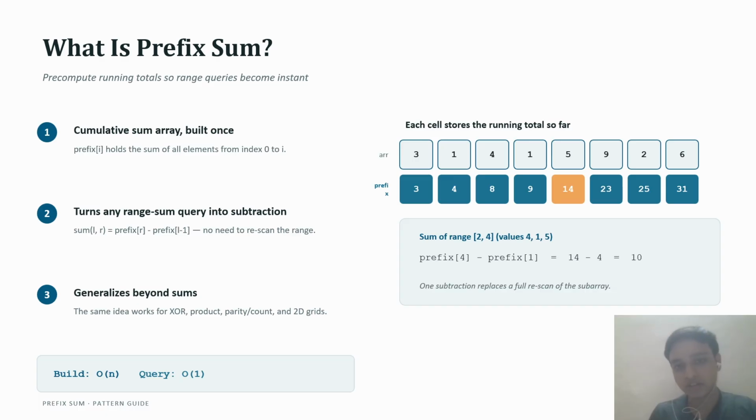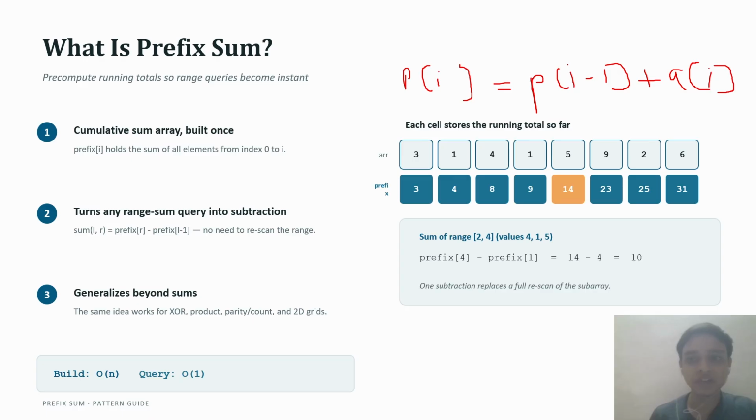This pattern says that our prefix array is nothing but the sum of the previous element of the prefix array, which is P of I minus 1, plus the current element of the array, which is A of I. So this is the general term of the prefix array.